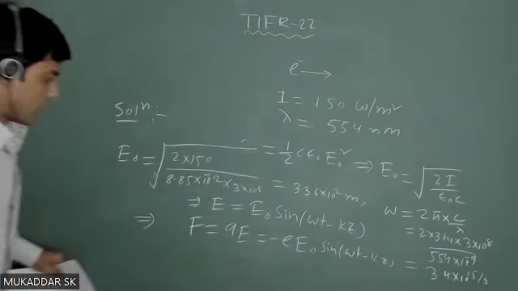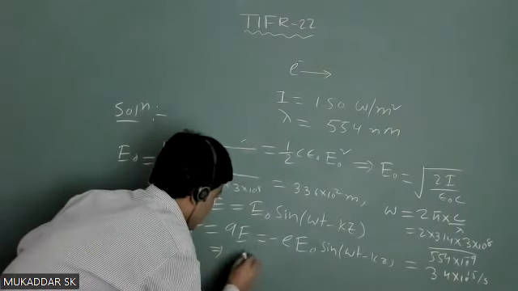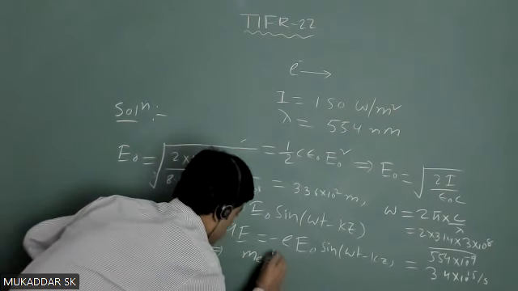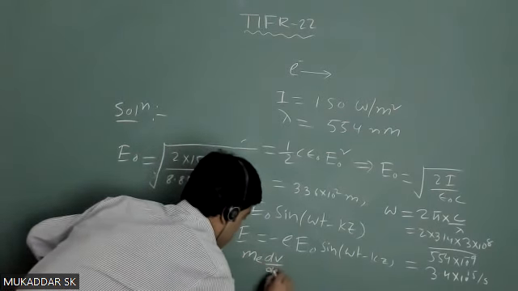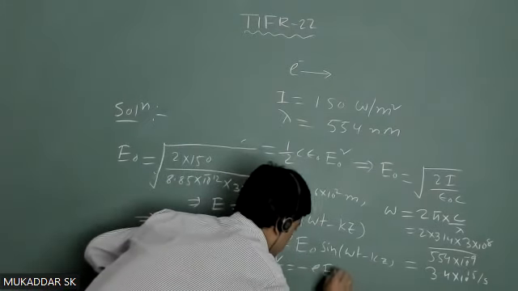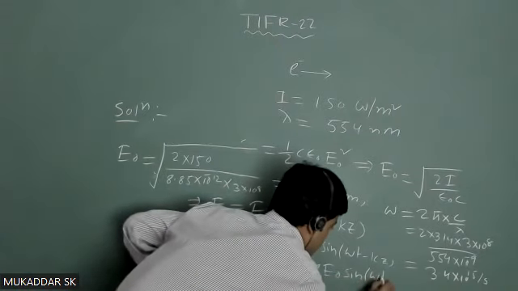Force is nothing but m dv by dt. So I can write m e, the mass of the electron, dv by dt, equals minus e E naught sine of omega t minus kz.